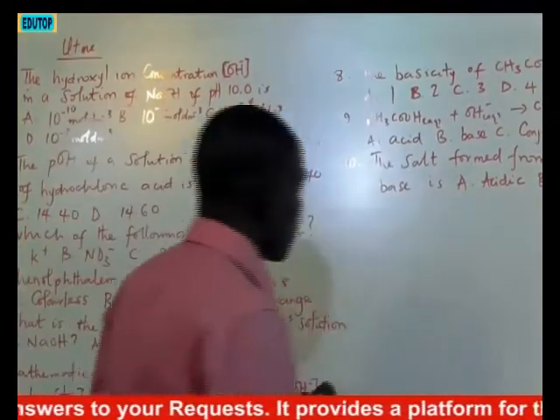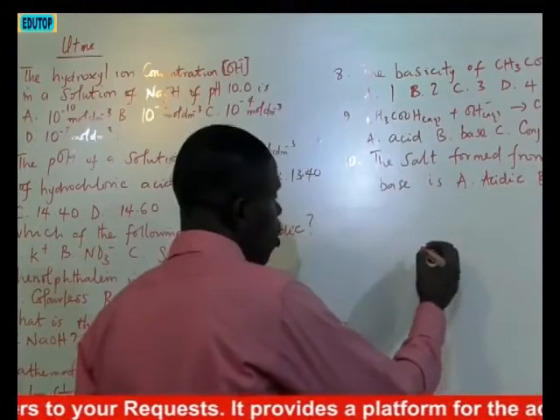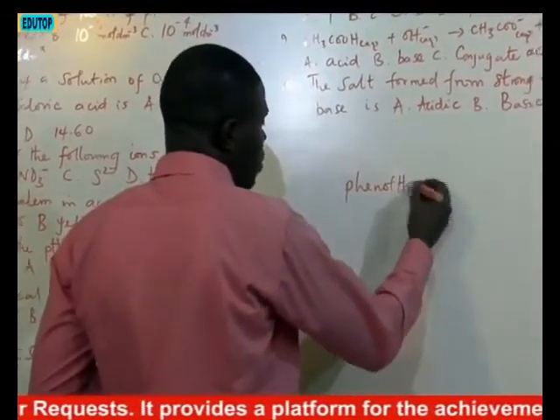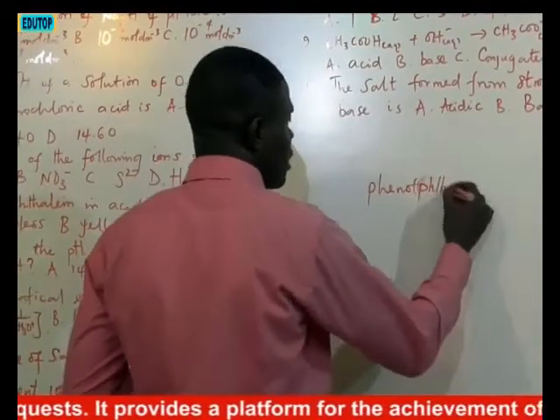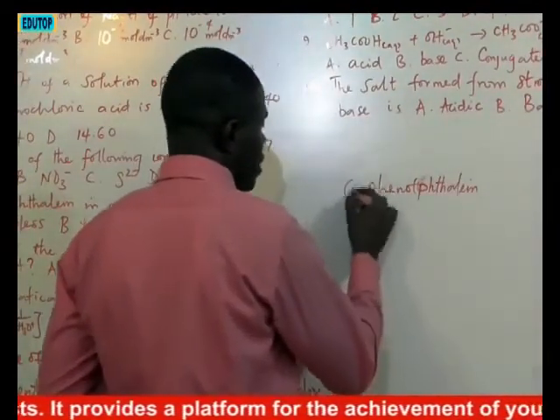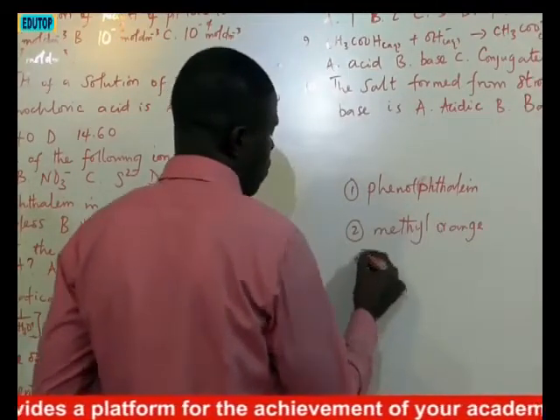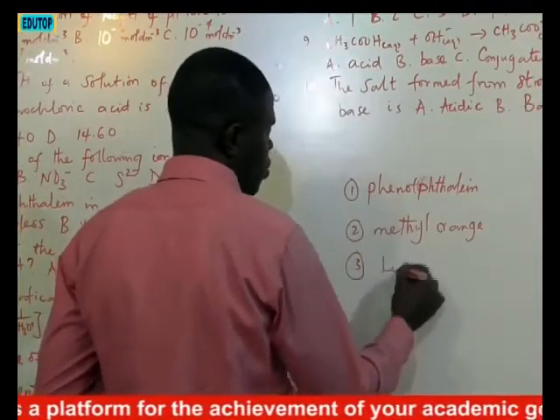Now, to talk about the color of indicators in acid and base, we have phenolphthalein indicator, we have methyl orange, then we have the litmus paper.